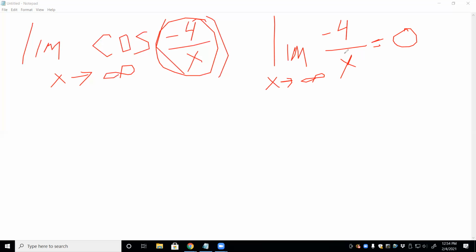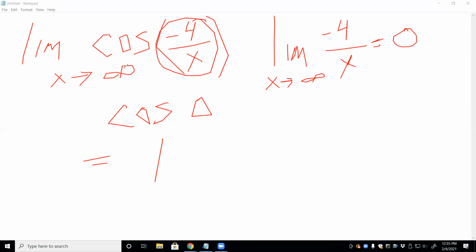Okay. So this is the same question as what is the cosine of zero? Okay, so that's 1. In other words, this is a straight substitution problem.